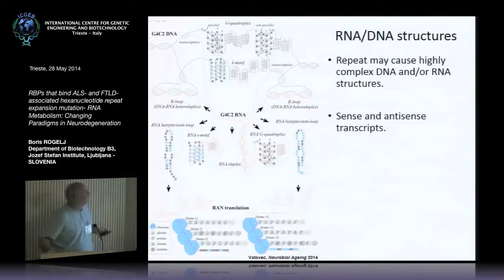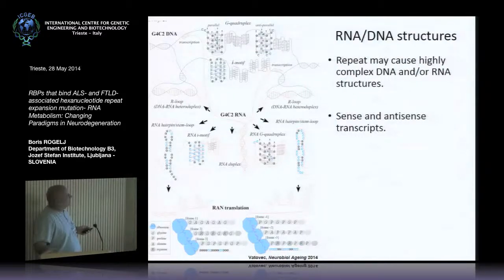The repeat region actually allows very complex DNA and RNA structures to arise. There are possible structures. One is the G quadruplex structure for the DNA. Then there are I motifs, which are structures which can be formed by poly C or C stretches.